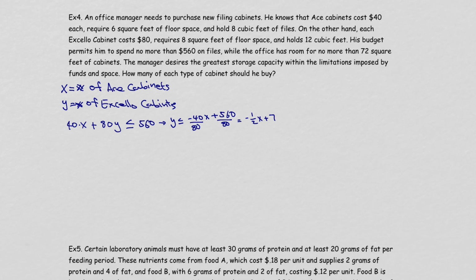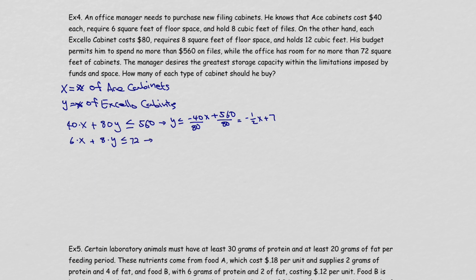And then the second inequality, I will have the space, right? So it will be 6 square feet times the number of first cabinets plus 8 square feet times the number of second cabinets should be less than or equal to the space available, which is 72 square feet, right?